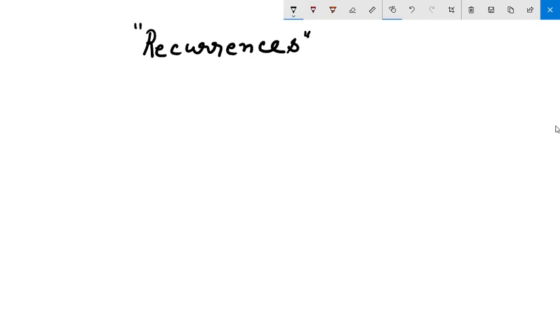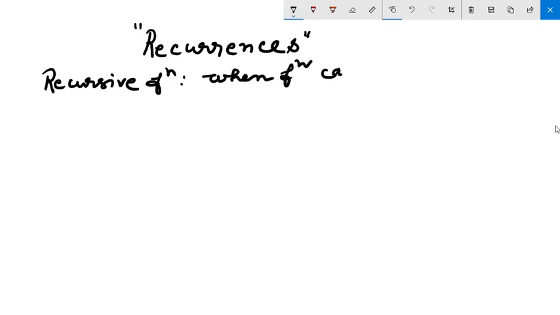First of all, you have to understand what a recursive function is, because this recurrence relation has come from recursive functions. A recursive function is when a function calls itself. That is called a recursive function.